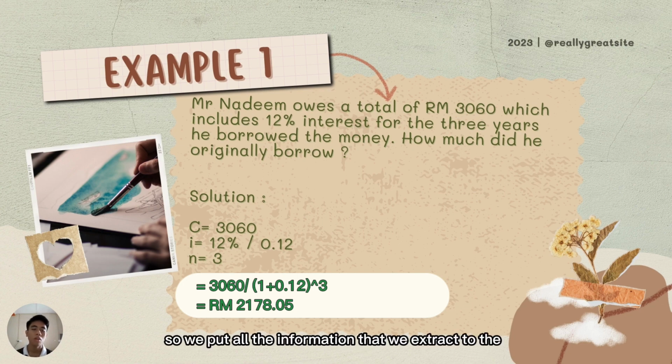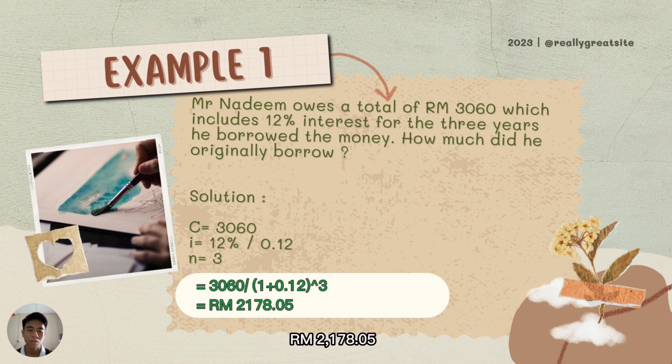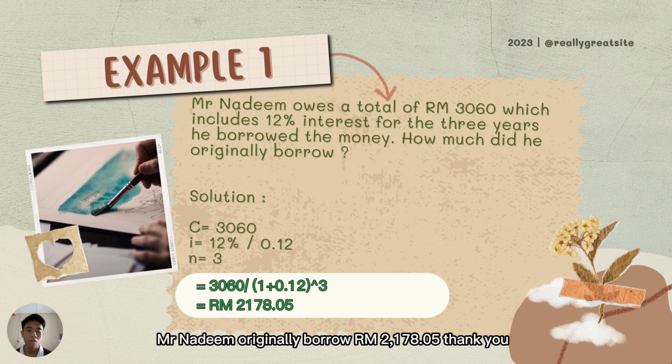So we put all the information that we extracted into the formula and we get the answer RM2178.05. So we can conclude Mr. Nadim originally borrowed RM2178.05. Thank you.